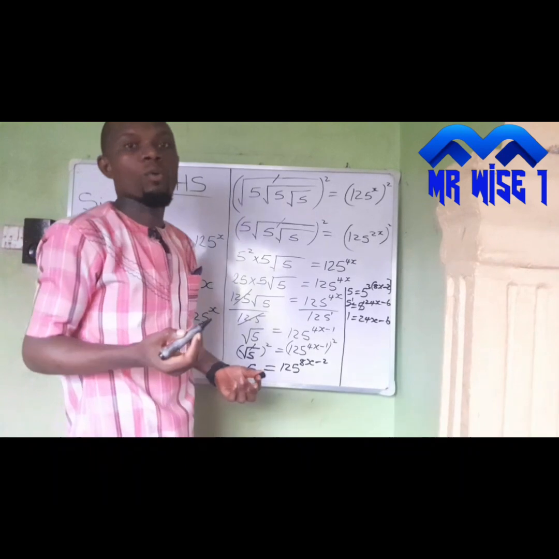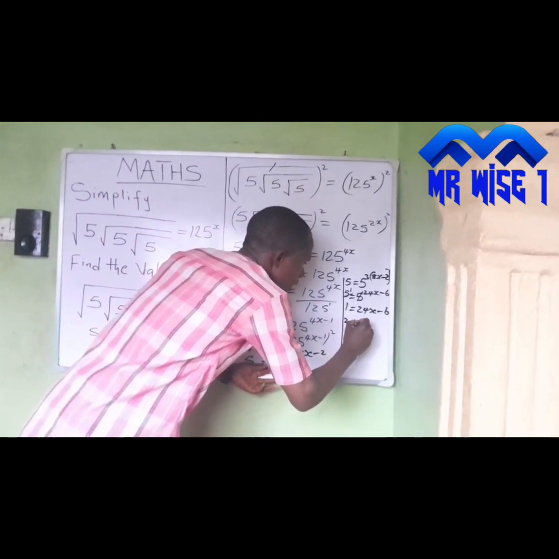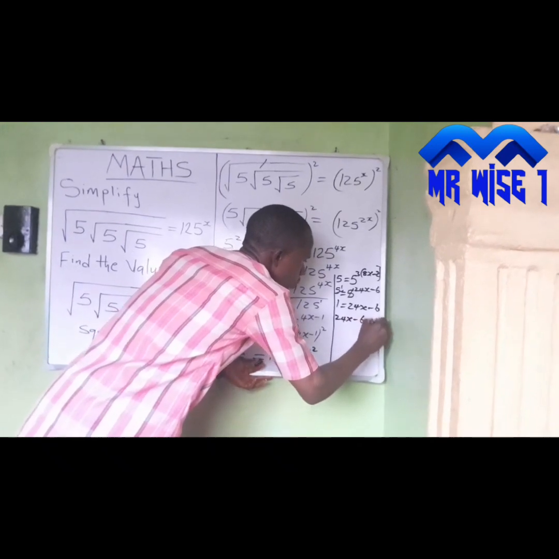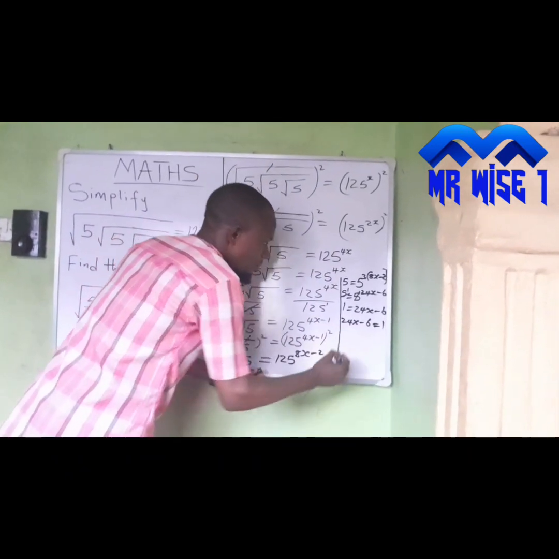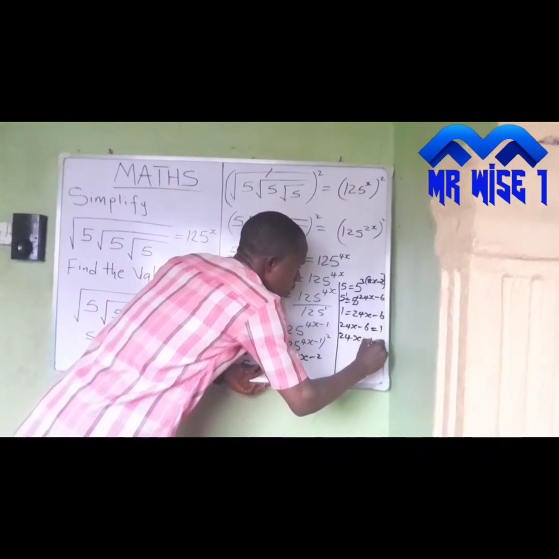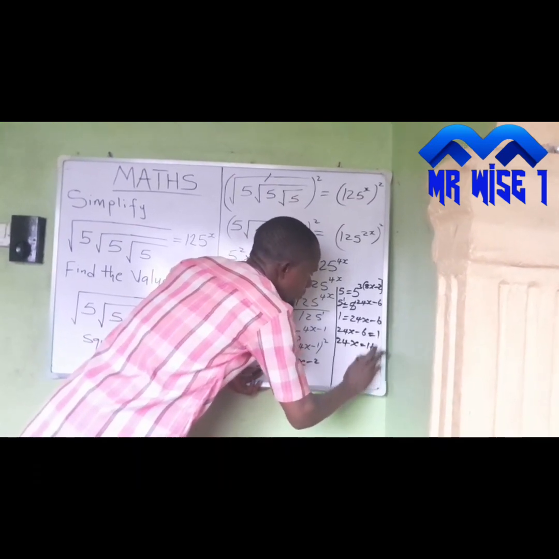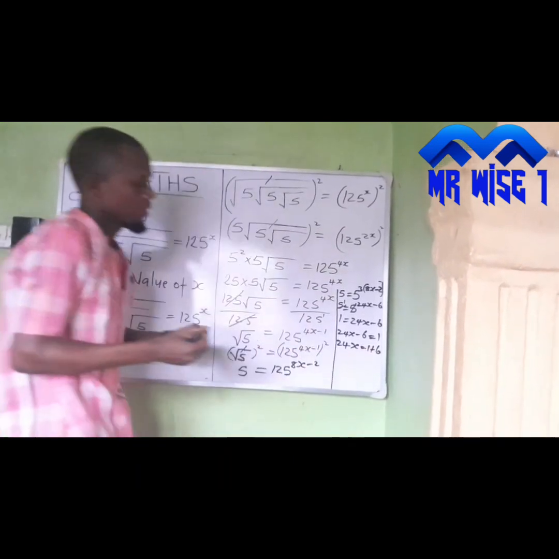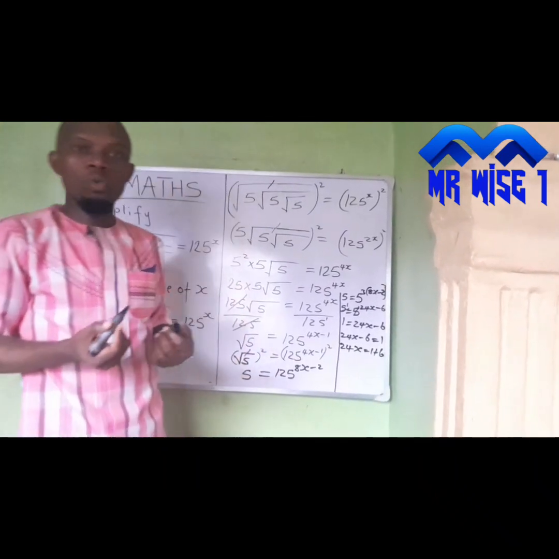Let's proceed. Remember, I'm looking for x. So 24x minus 6 is equal to 1. I need to move this minus 6 to 1. So I have 24x is equal to 1 plus 6. When a minus sign crosses to the next side, it changes to positive.